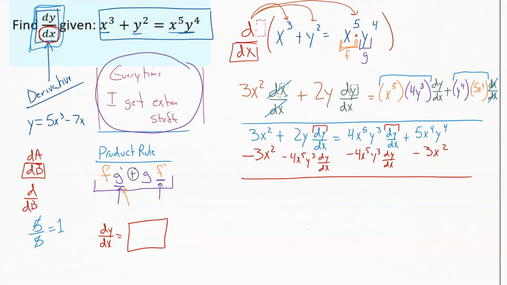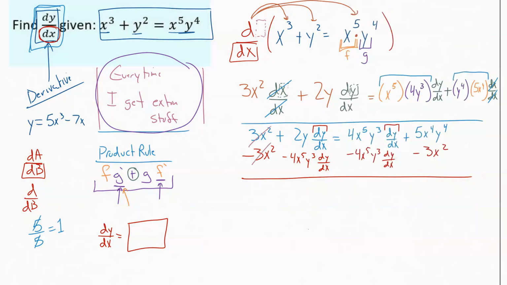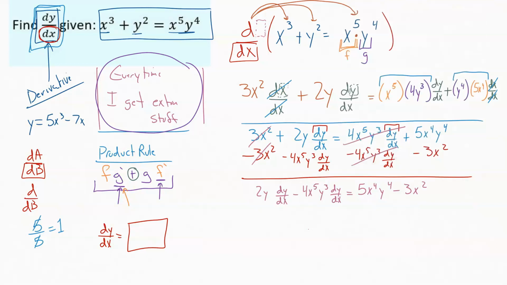And then as we put that together, we cancel out the 3x squareds, and then we have 2y dy/dx minus 4x to the 5th, y to the 3rd, dy/dx. That equals, those chunks cancel, and then we have 5x to the 4th, y to the 4th minus 3x squared.